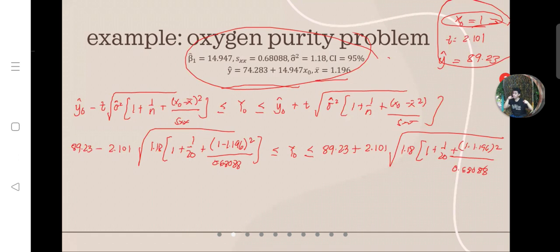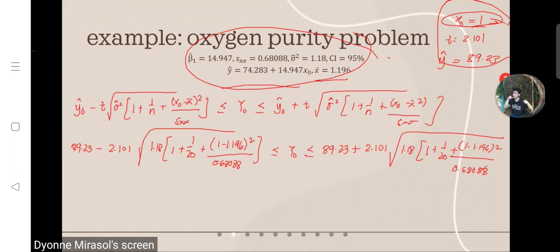So, slope is b hat 1 minus t square root of estimator of variance over sxx less than equal to b1 less than equal to b hat 1 plus t square root of estimator of variance over sxx.